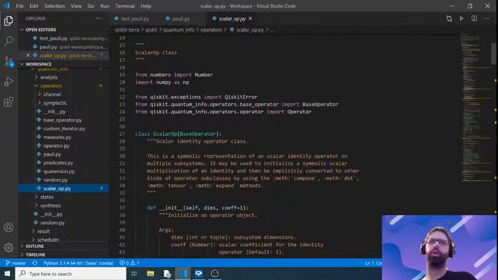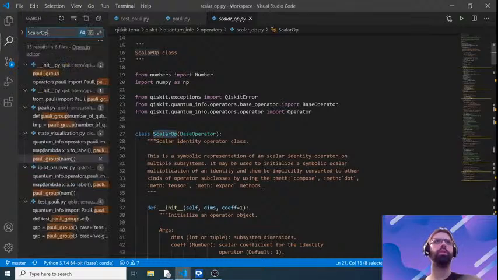It's an identity operator, used to initialize a symbolic scalar multiplication of an identity and then be implicitly converted to another kind of operator subclass by using the compose dot tensor. Is this used somewhere within Terra?